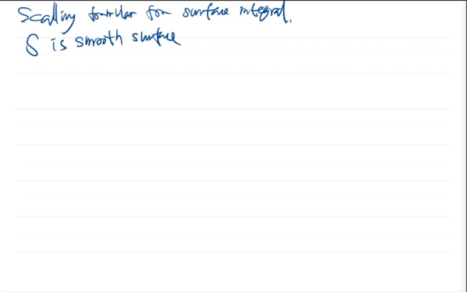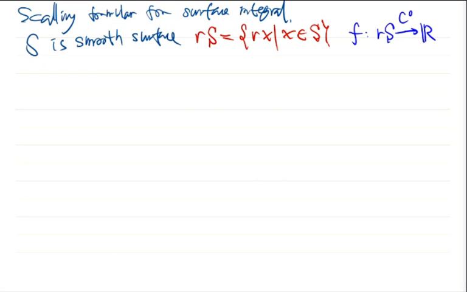We define rS to be {rx : x in S}. Okay, and f is continuous, f is continuous from rS to R. Continuous.